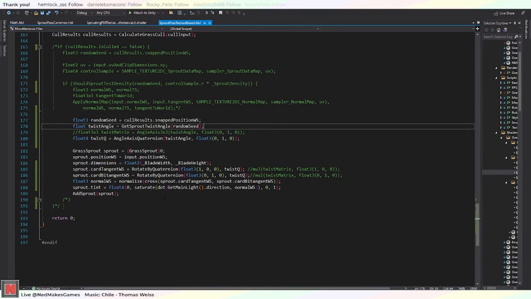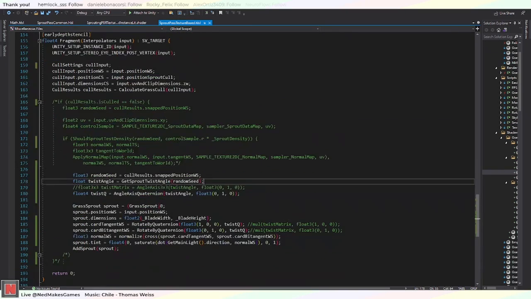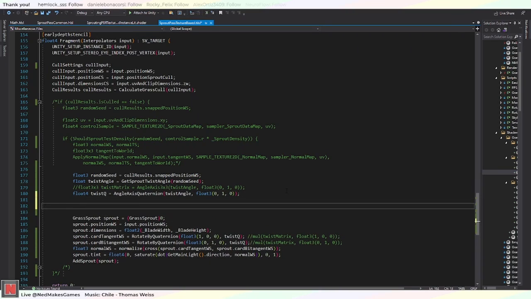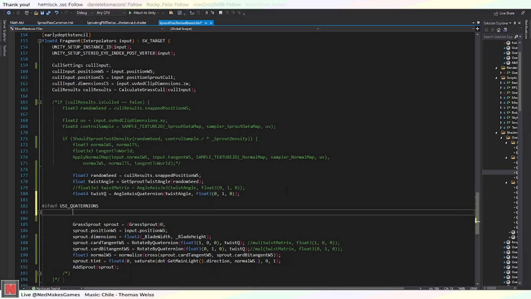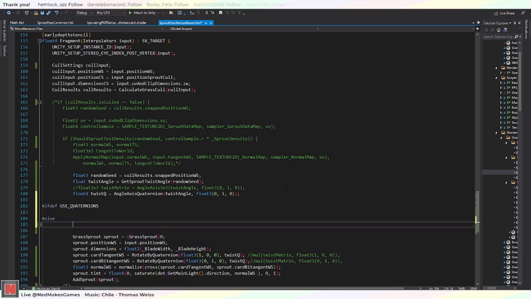In this case, I don't really think it matters, but we might as well check. So if def use Quaternion. Otherwise, we'll do something else.